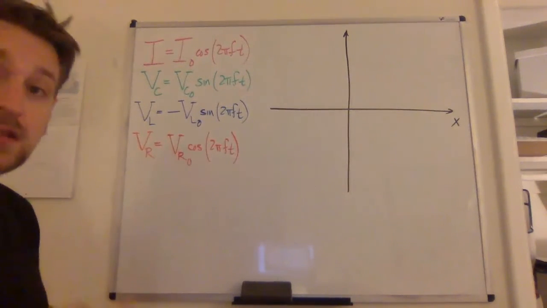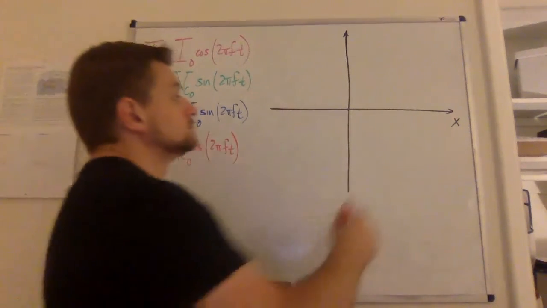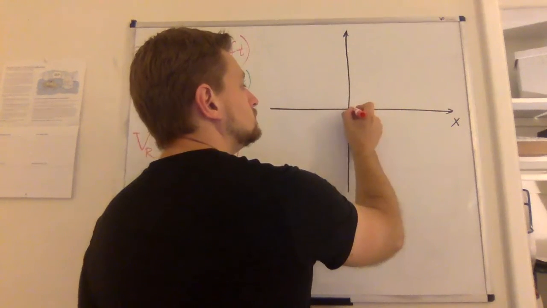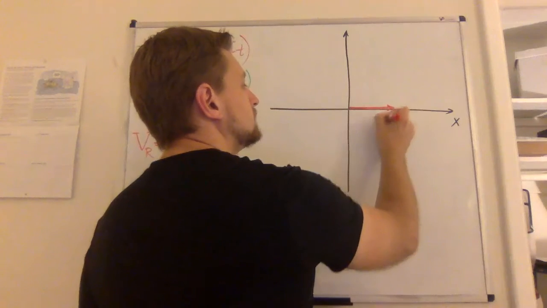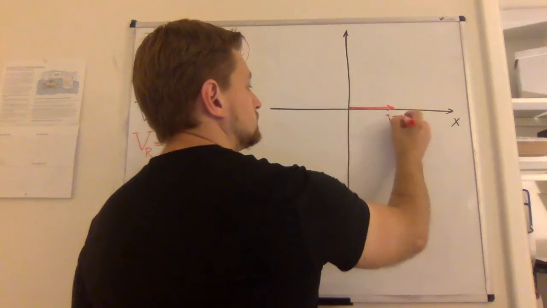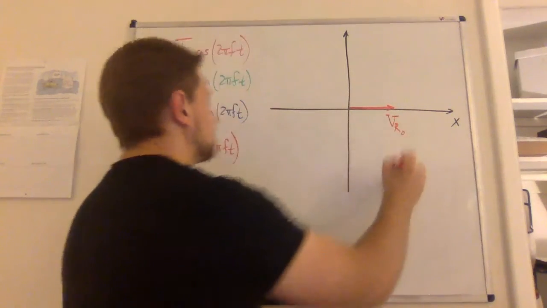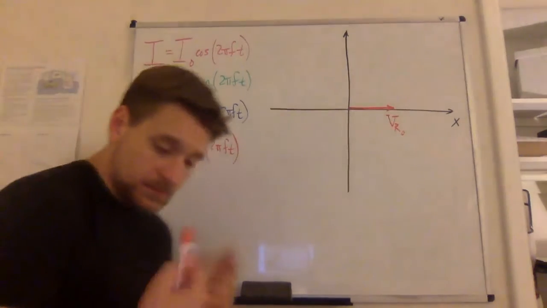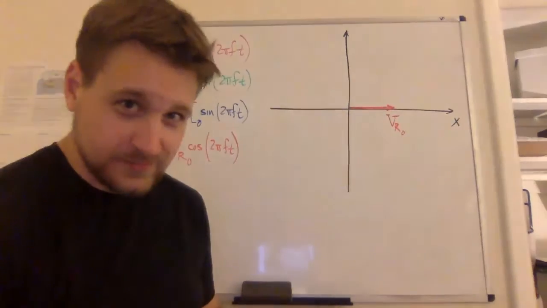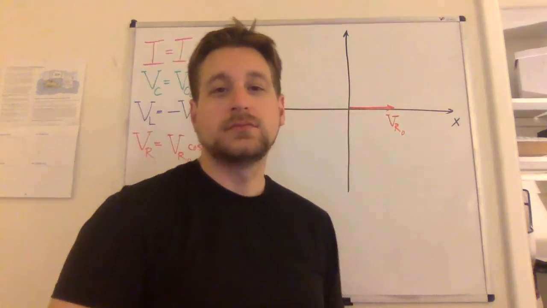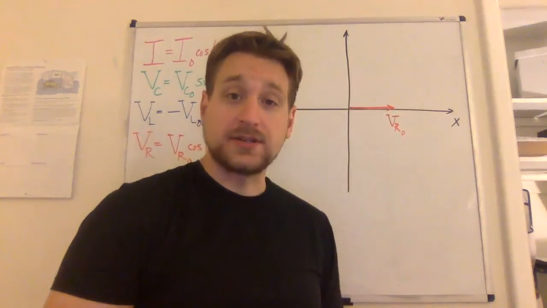So the thing that represents the resistor is just here on the x-axis, because the x-axis is representing the current, right now, value of the potential difference across the resistor.